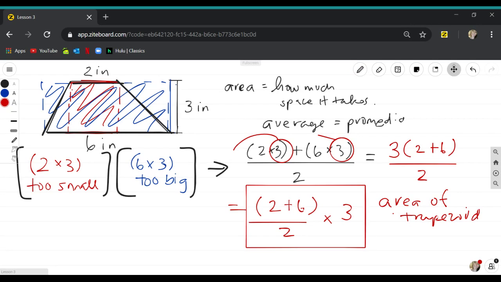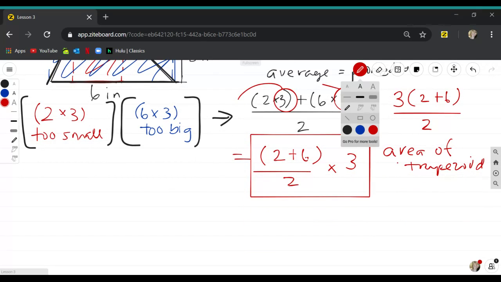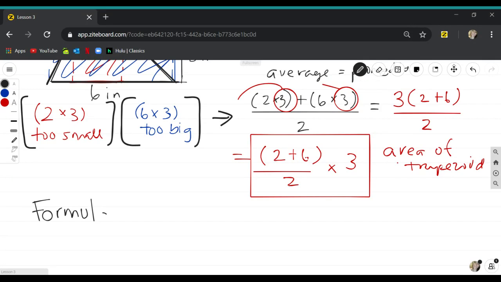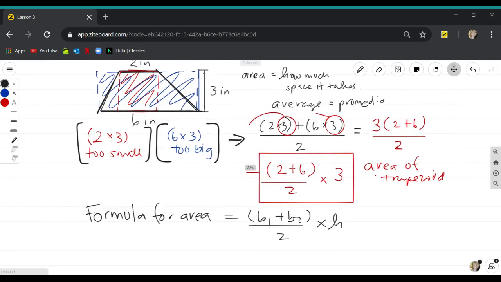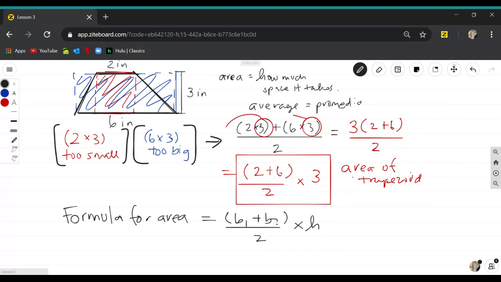So the formula for area, which we just solved, is equal to base 1 plus base 2 over 2 times the height. Our base 1 was the 2, and our base right here was the 6.